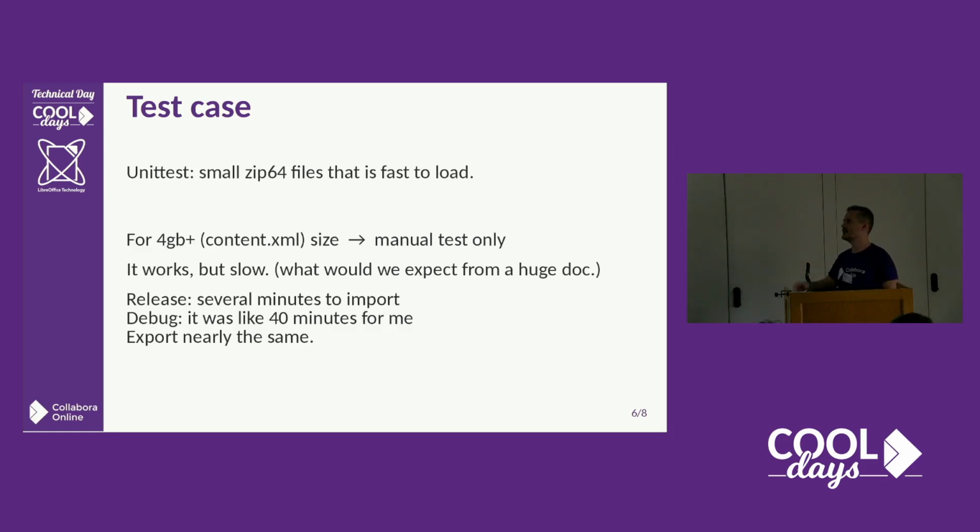I tested it only manually because it was very slow to even import such a huge document. It was several minutes in release mode, but when I wanted to debug, it was like 40 minutes to even just import that big document.